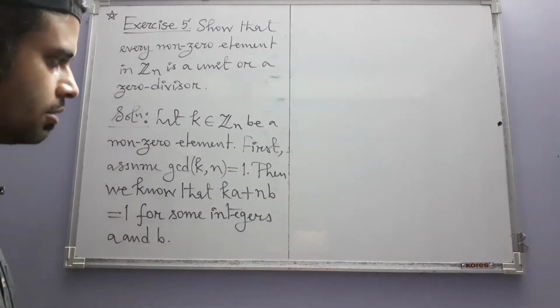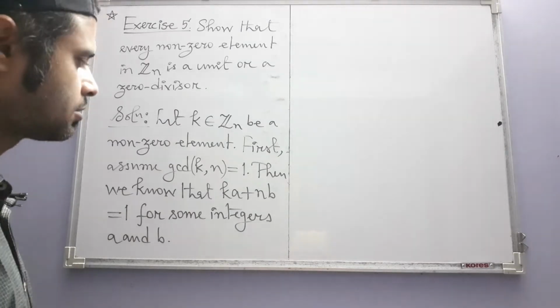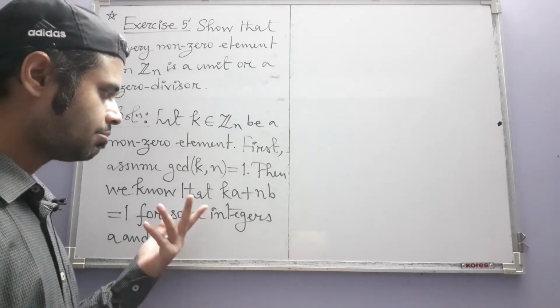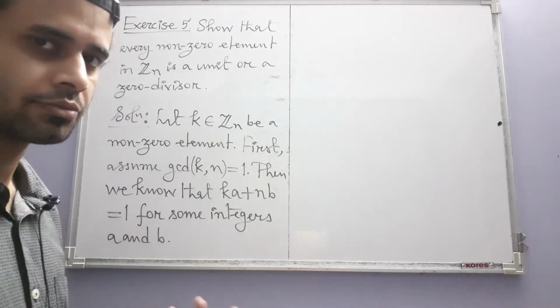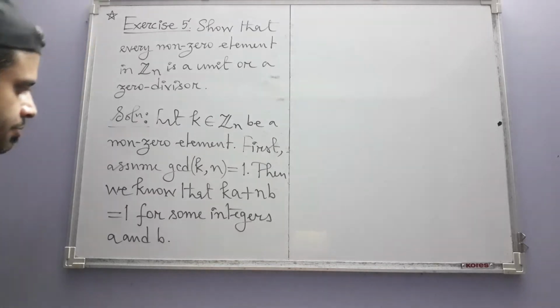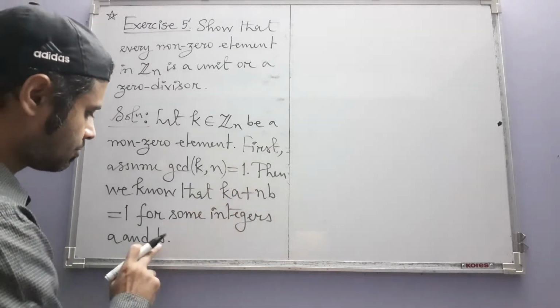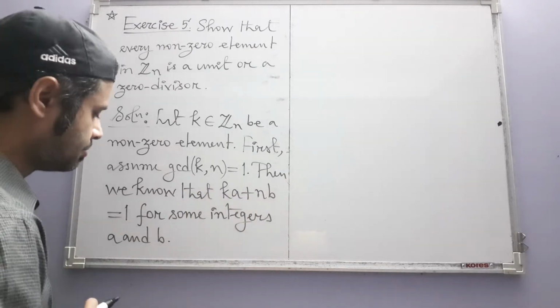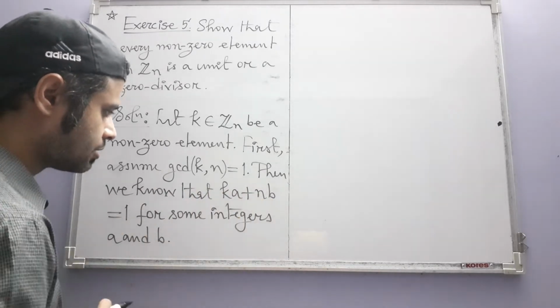We know that the GCD of any two integers, when it exists, can be expressed as a linear combination of the integers with the coefficients also integers. So here the GCD is 1, so 1 can be expressed as a linear combination of k and n with these integer coefficients a and b.